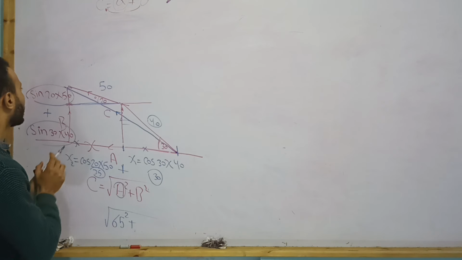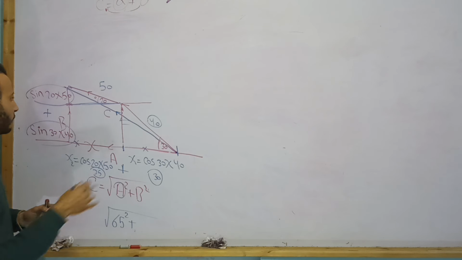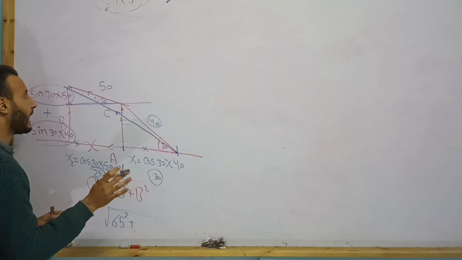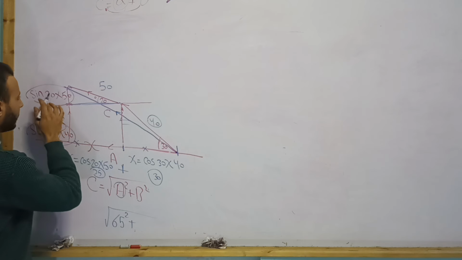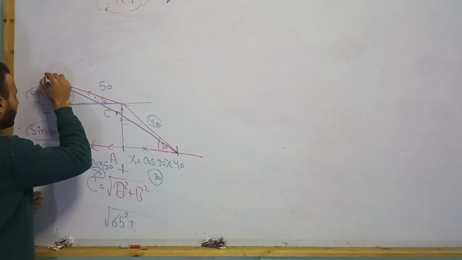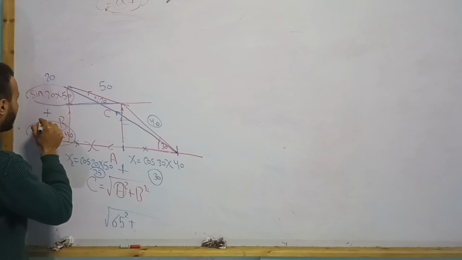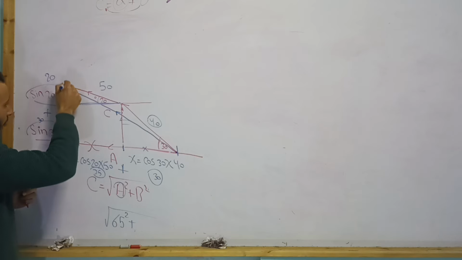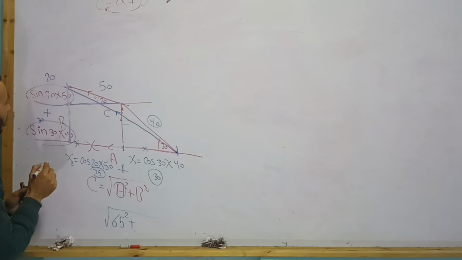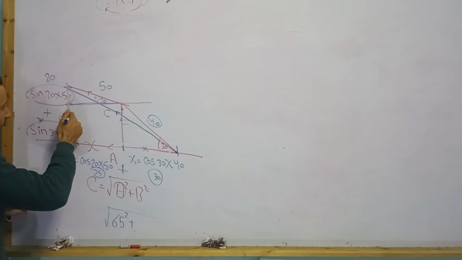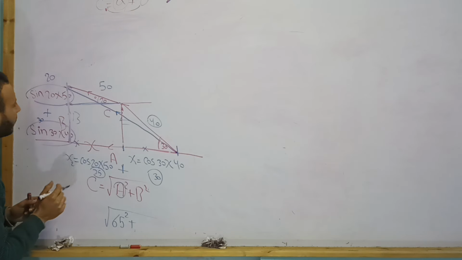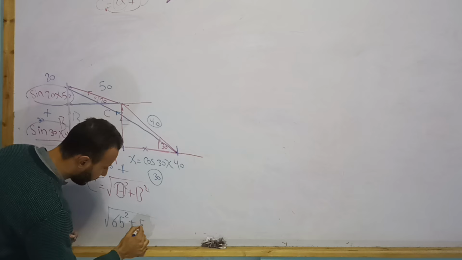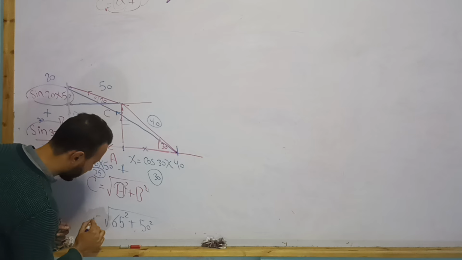Okay, so for example, I don't say the exact answer. If this was 20 and this was 30, the total y is equal 30 plus 20, which is 50. So the total B is equal 50. So I write here 50 square.